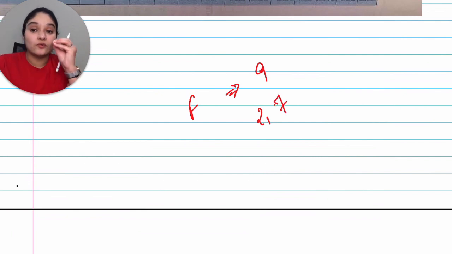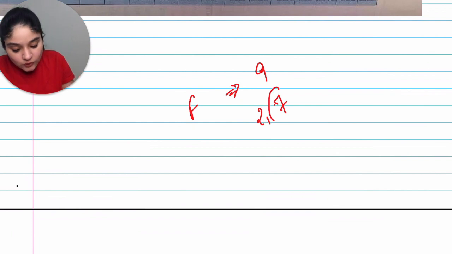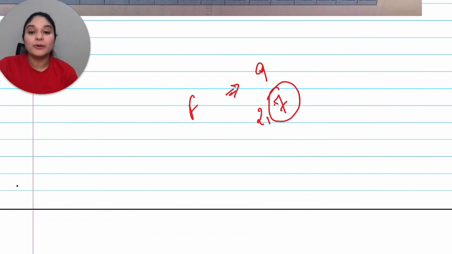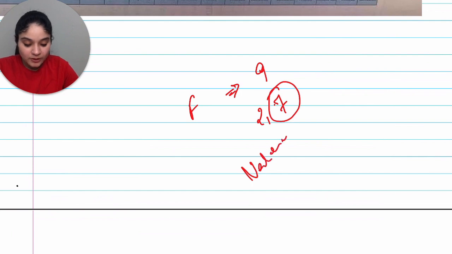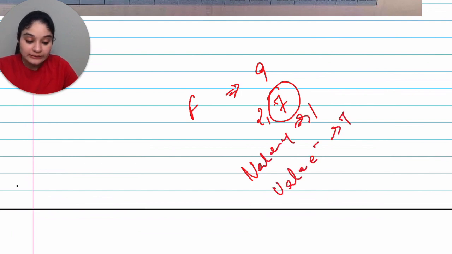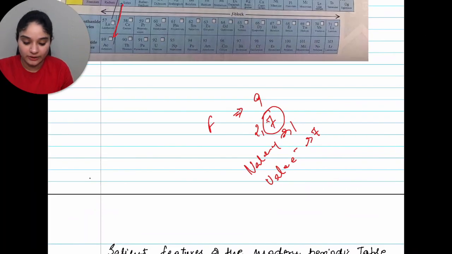What is the number of valence electrons? Valence electrons is 7. But what is the valency? Valency means number of electrons donated or accepted. So your valency is 1 because it can accept 1 electron and become stable. So your valency is 1 and your valence electrons is 7. Okay students, please make sure that you understand that very well.